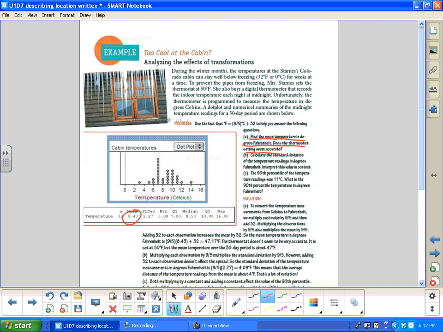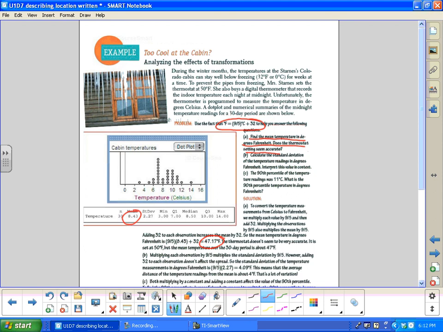So you've got to think of the rule for multiplication as well as the rule for adding. So for the mean, which is a measure of center, if you add, you add. If you multiply, you multiply. So all you're going to do is take the mean, plug it into this equation, and then calculate it out. That's what they've done right here. And 47.17 is your new mean.